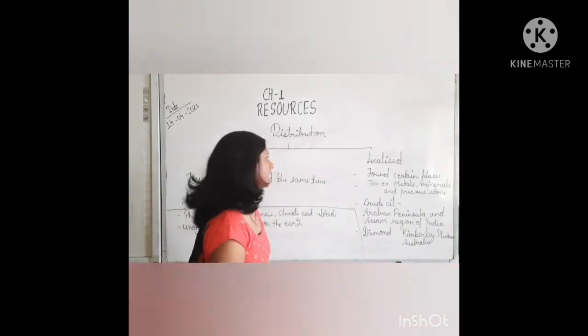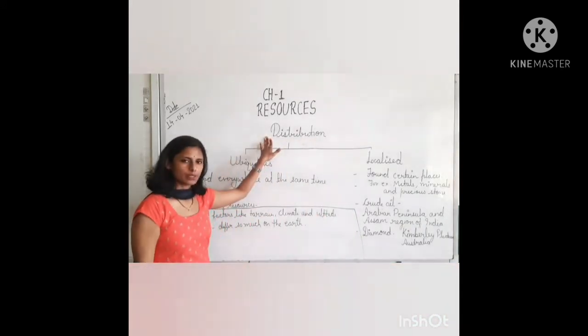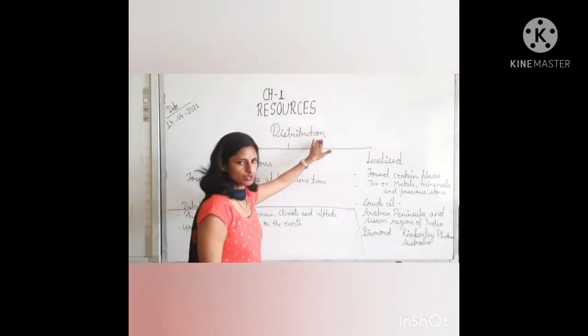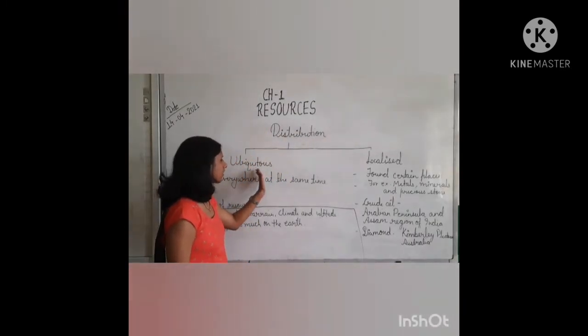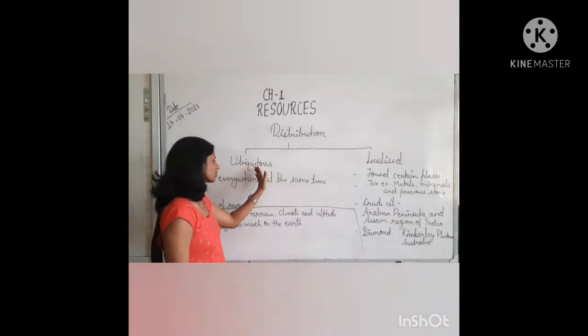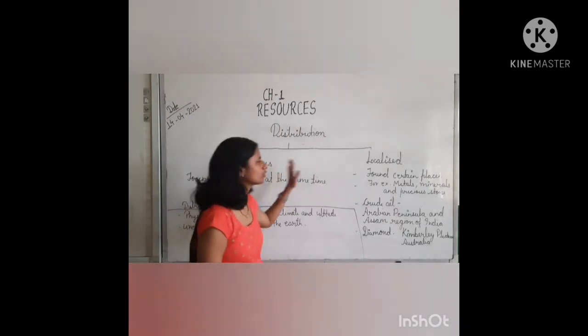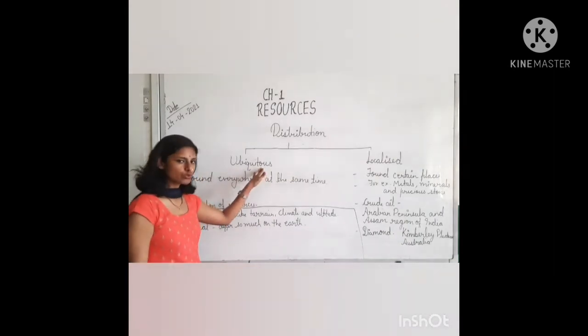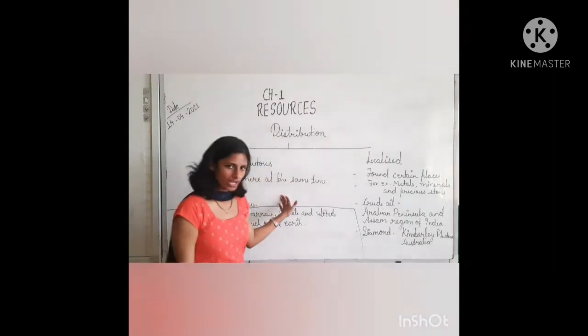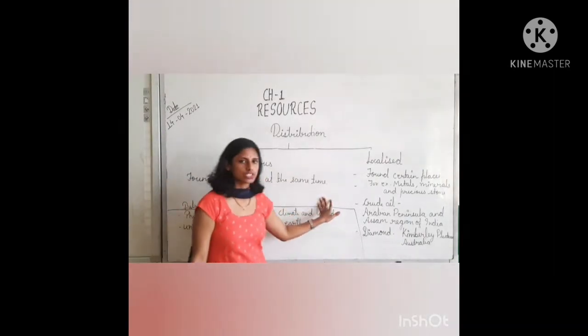Now we will understand the resources on the basis of their distribution. Natural resources can be classified according to their distribution into two parts, ubiquitous or localized. Ubiquitous resources are the resources that can be found everywhere at the same time.